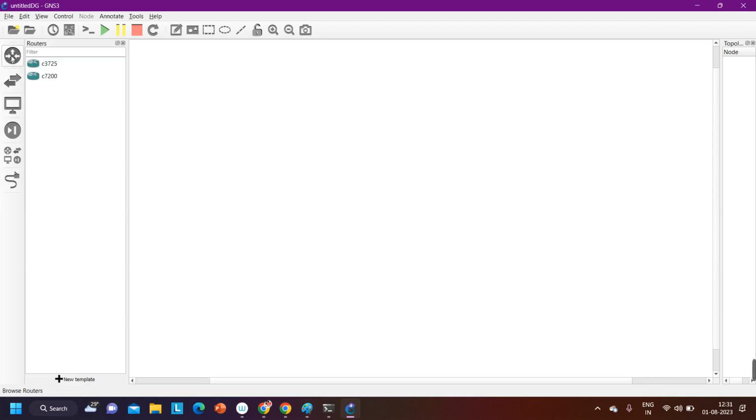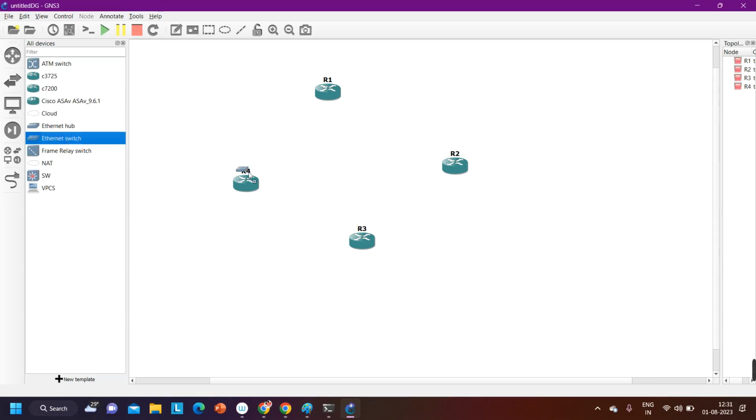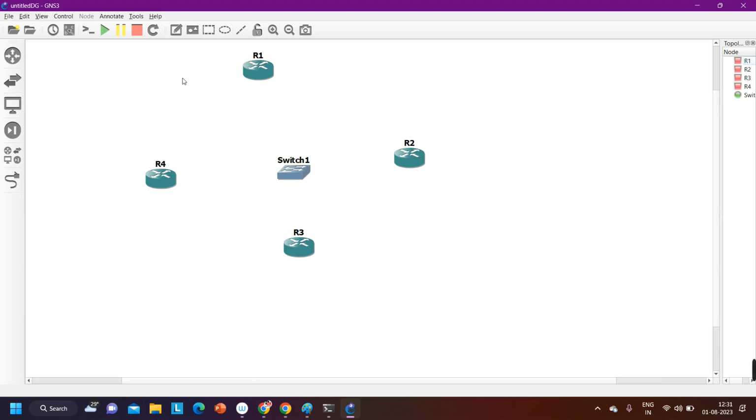Okay, now I am going to design one topology here. Let's say router 1, router 2, router 3 and router 4. Let me take one switch and I am going to connect all these routers through the switch.